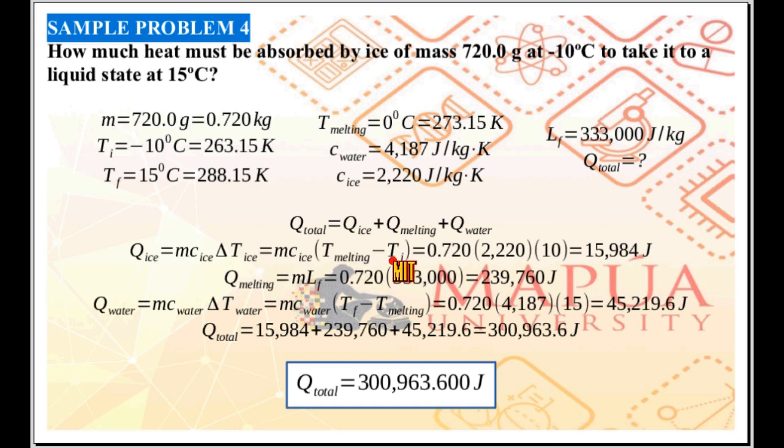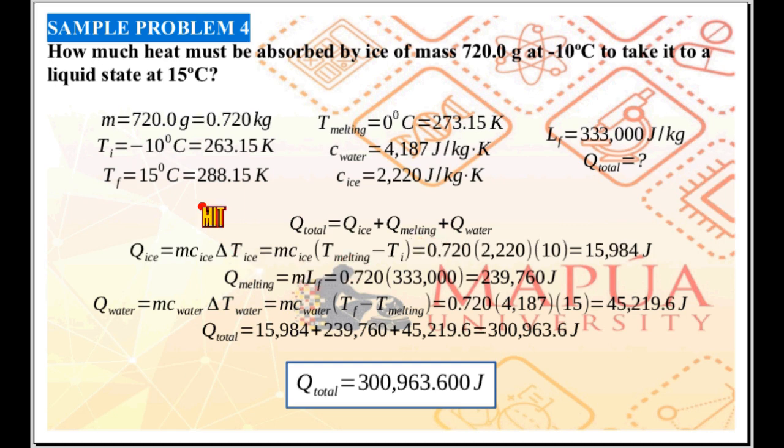That's from the initial temperature until we reach the melting point of the ice. So T melting minus T initial. We know all these values. We are able to calculate Q ice, 15,984 joules.